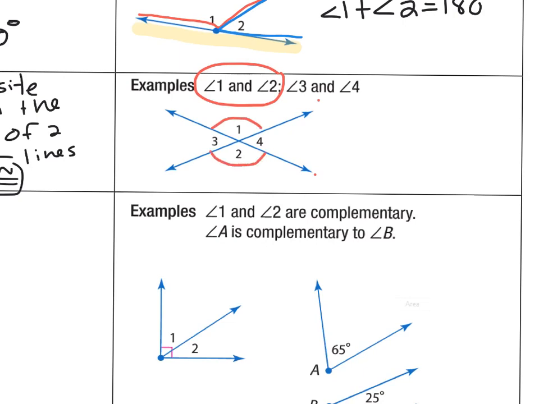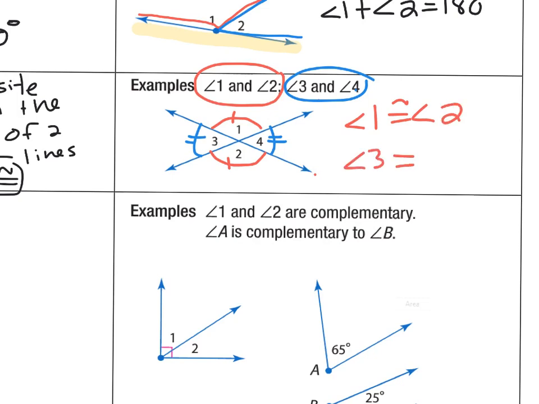I'm going to put a tick mark, tick mark, tick mark. And then I'm going to look at the other set of angles, 3 and 4. 3 and 4, also across from each other, and those are also congruent. So I'm going to put two sets of tick marks there. So we could write this. Angle 1 is congruent to angle 2, and also angle 3 is congruent to angle 4.